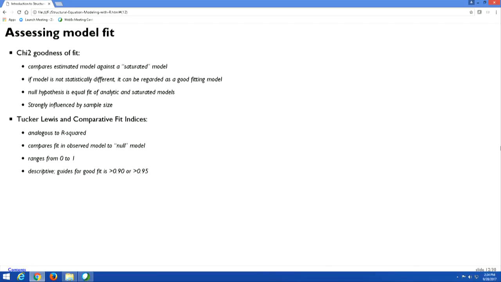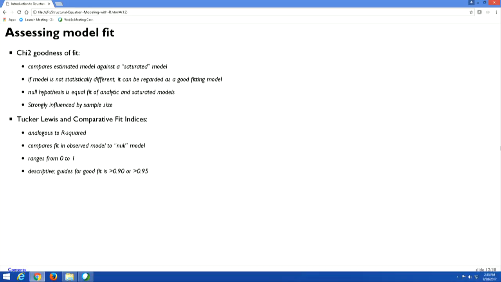I'm going to talk about the four most popular ones, but there's a whole bunch out there if you just Google it. In fact, if you Google David Kenny and SEM, he's a quantitative psychologist at the University of Connecticut. He has a great web page that discusses the various ones, what the limitations are, and which ones are no longer in use for various reasons. I'm partial to it because I was a student of his when I was at UConn. But it is a really good website.